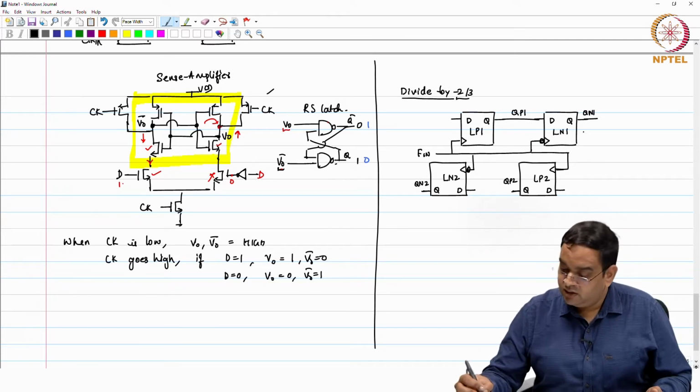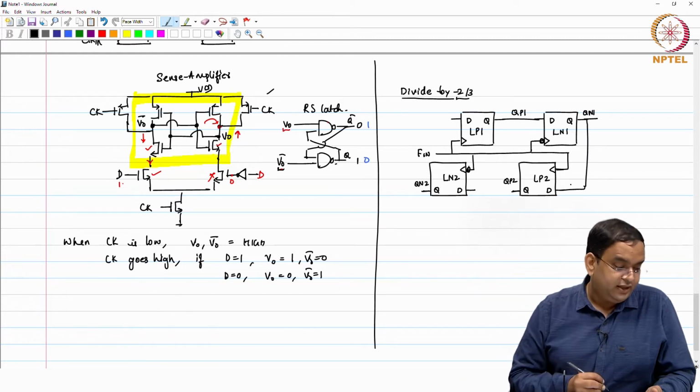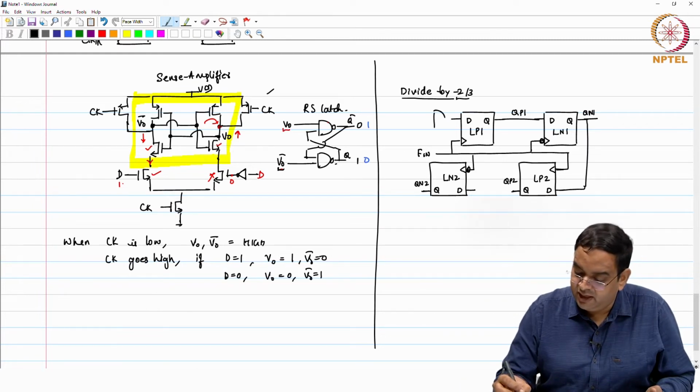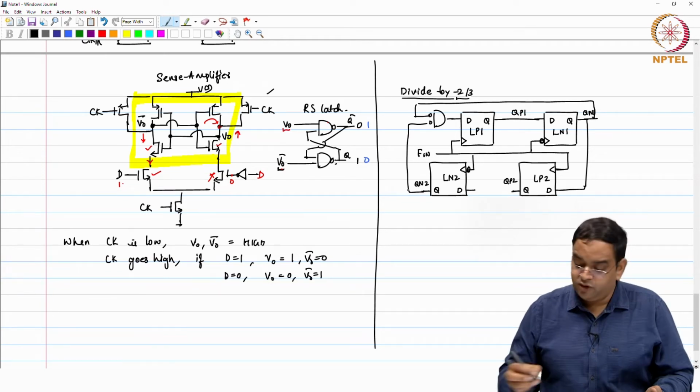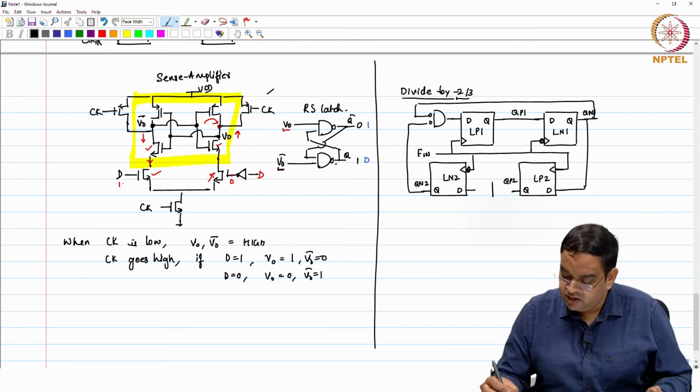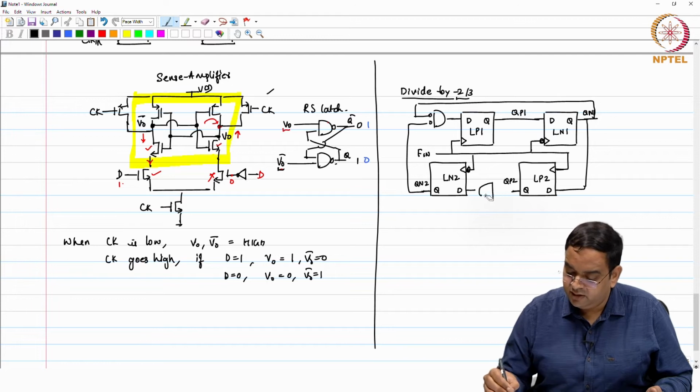The output of this connects here, and then you have a NAND gate which connects it like this, and you have this particular one coming from this side. To control the divide by 2 or 3, we use a NAND gate.